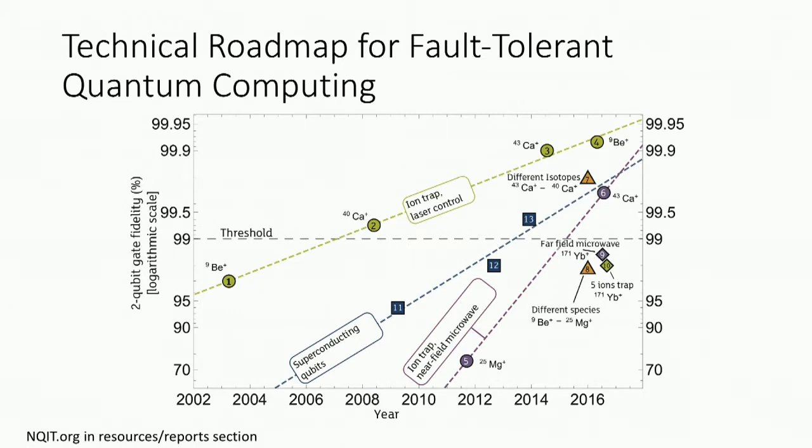Especially for the ion trap system with laser control, we can already get 99.9% fidelity. And for the other 2 systems, superconducting and the other ion trap system, we also have quite nice fidelity. This graph is from the NQIT website.